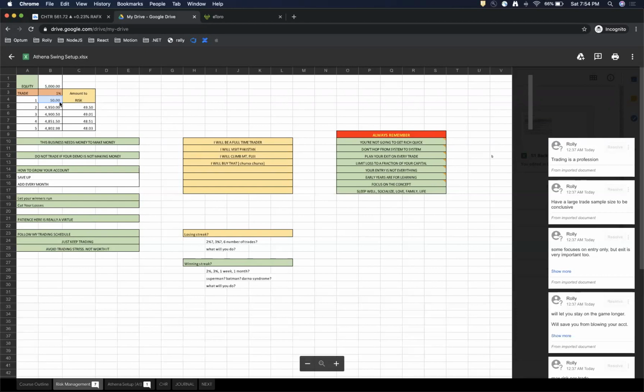And then from that, yung initial mo is bawasan mo siya ng 1%, which is 50, for 4,950. So yung susunod na trade mo, hindi mo siya ibabase sa 5,000. Kasi you know that $50 can be lost, right? So again, you know na pwede siyang mawala. That's why you set it as 1%.